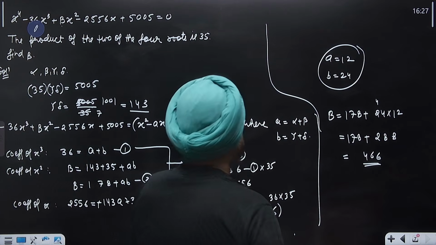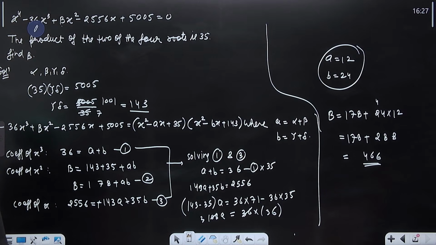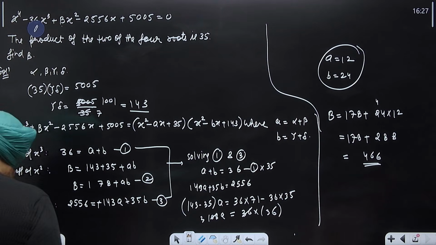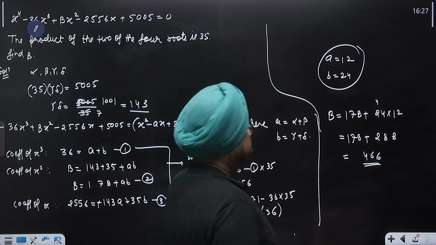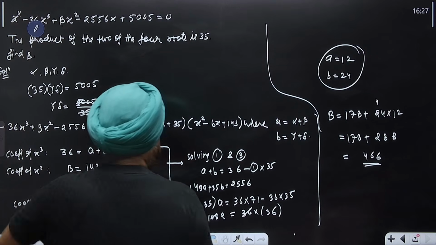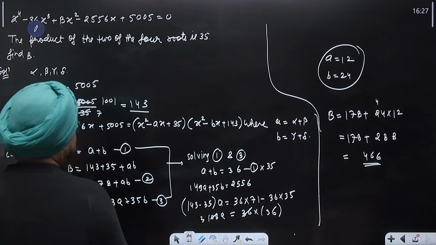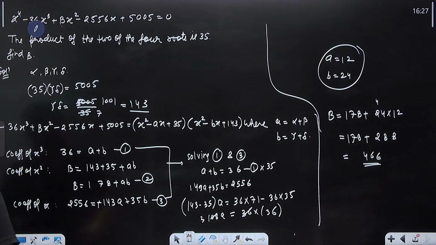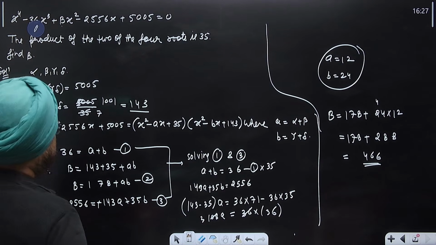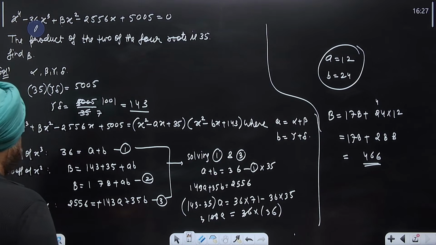The value of AB is 12 into 24. This is 466. Okay. 143, 178. 143 plus 35.